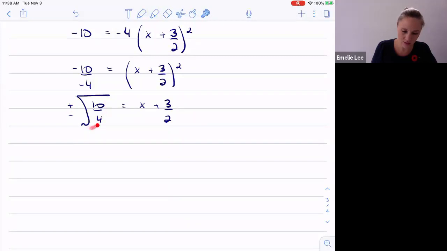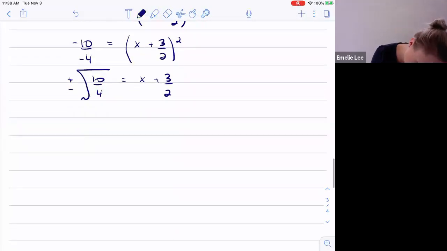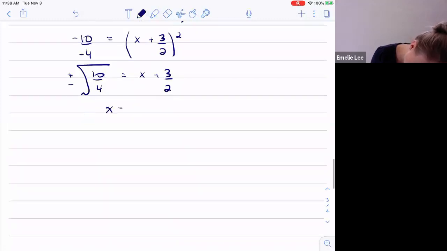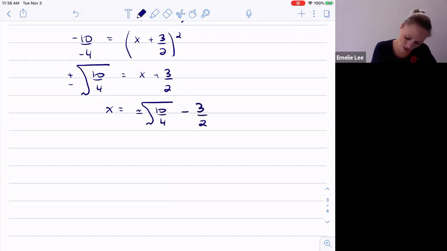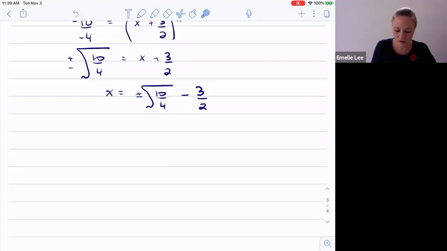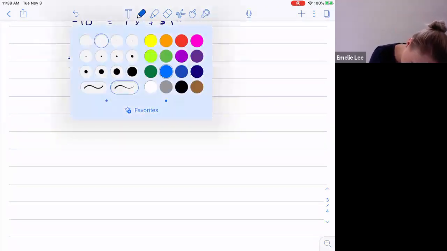Notice that this is all in the square root, the plus minus, and then I'm subtracting 3 over 2. So I get x is plus minus the root of 10 over 4, then minus 3 over 2. We can simplify this, because we can split the square root up, root 10 over root 4. Root 4 is 2. We've got a common denominator. I'm going to leave it like it is, though. So this is the exact form.